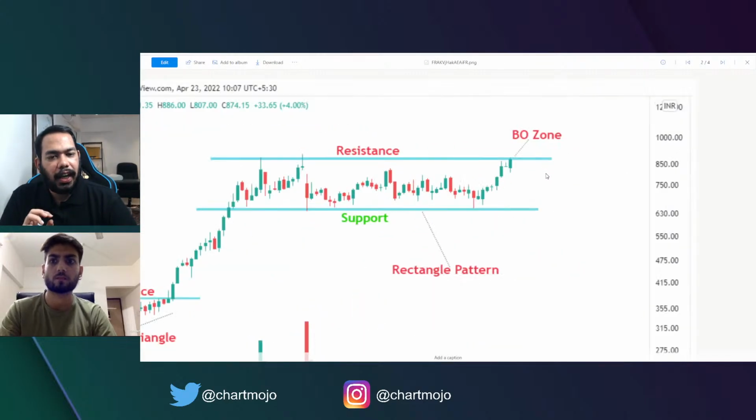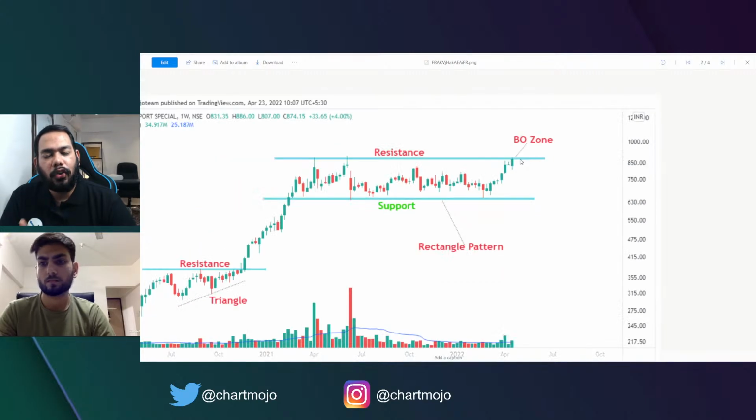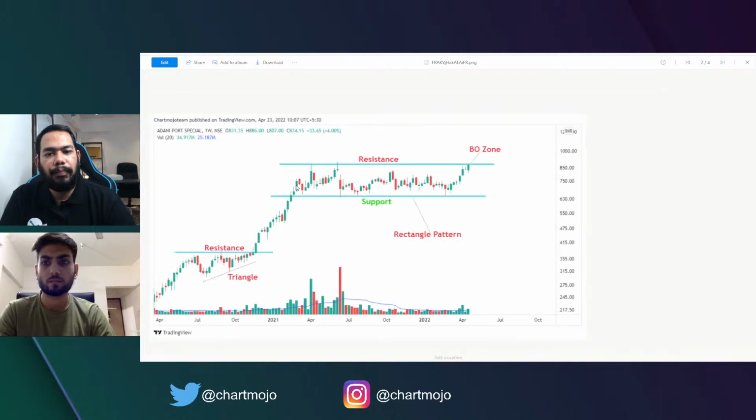Second counter is Adani Port. Adani Port will give a breakout confirmation from this rectangle continuation pattern if the stock goes above 900 level. Above 900 level we are giving 1 or 2 more percentage for the confirmation, but that's safe for us, because we will clearly know that bulls are winning.